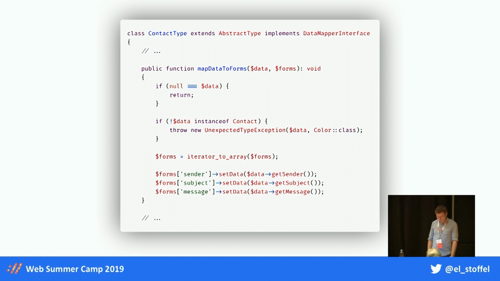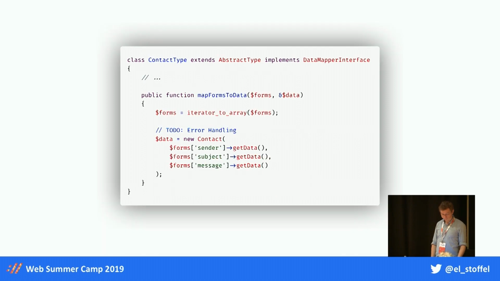And the second one is mapDataToForms. And you see we have to do some guard clauses for null, for example, or if the type is unexpected. And that's quite important that we then call iterator_to_array. Usually the form is an iterator, and we have to transform it to an array to use the fields in this case.